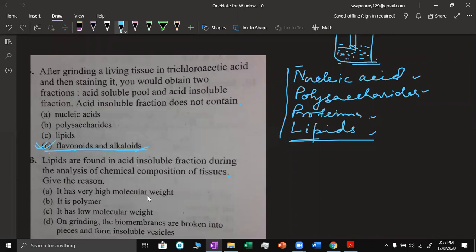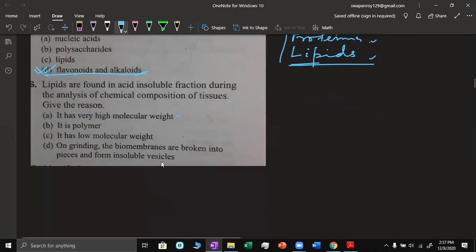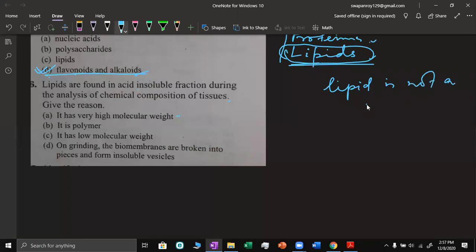It has very high molecular weight. Is it? See, lipids do not have very high molecular weight. Lipid is not a polymer, and its molecular weight is also less than 800.